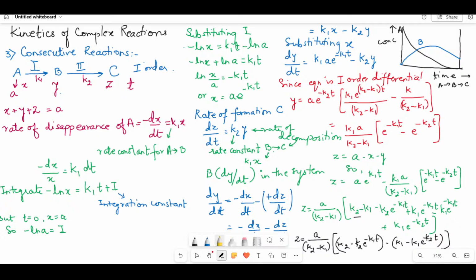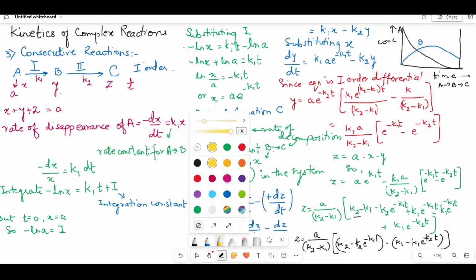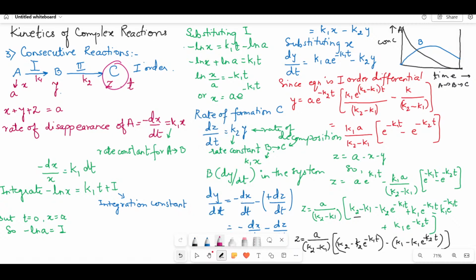Let us see C. Concentration of C. C is our final product. So concentration will continuously increase. Initially it was 0. It will slowly increase.